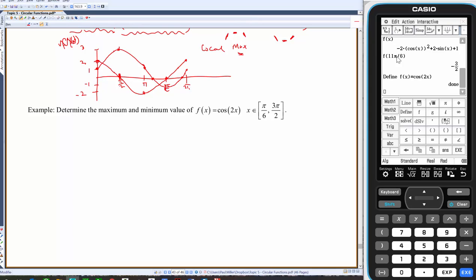They'll go, oh, so it's over that restricted domain, so we're going to do f of pi on 6. Note that value down. And 3 pi on 2, -1. And so they're going to say that our range was whatever that previous value is, -1 up to that previous value. Okay. Now, don't do that.